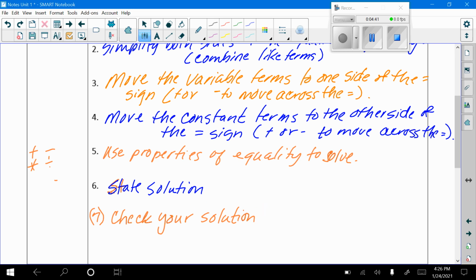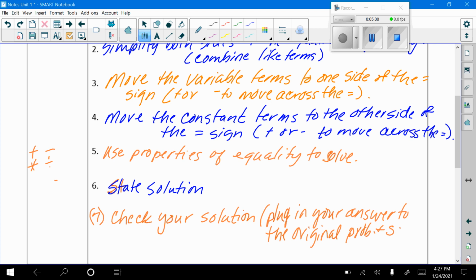So check your solution: plug in your answer to the original problem and check. Simplify. It'll prove whether it's right or wrong.